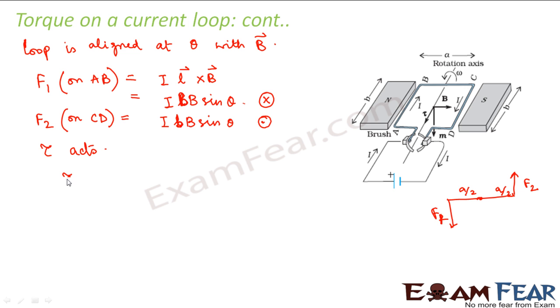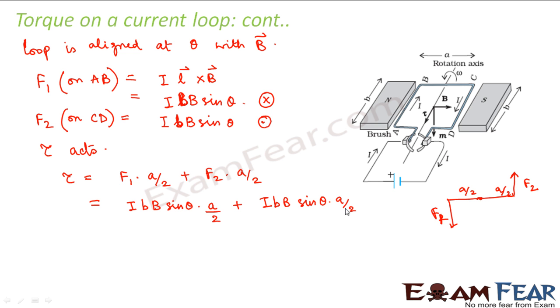In this case, the torque will again be F1 into A by 2 plus F2 into A by 2. F1 is equal to I B b sine theta, so the torque is I B b sine theta into A by 2 plus I B b sine theta into A by 2. This becomes equal to I B b sine theta into A.